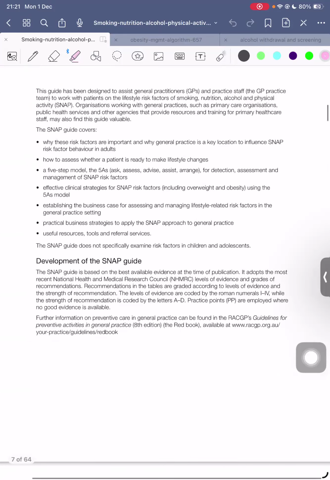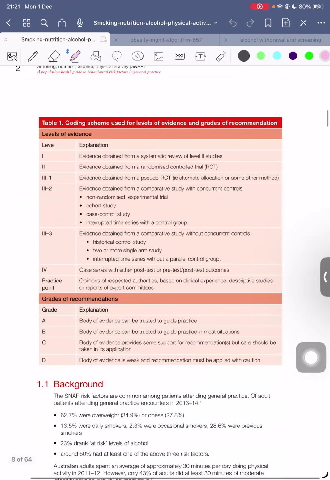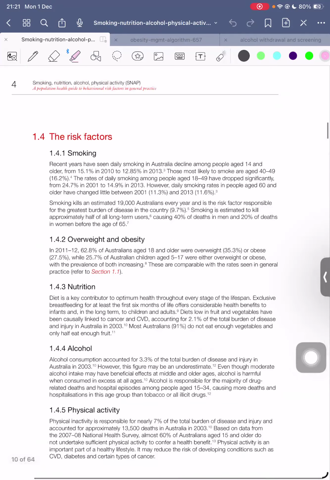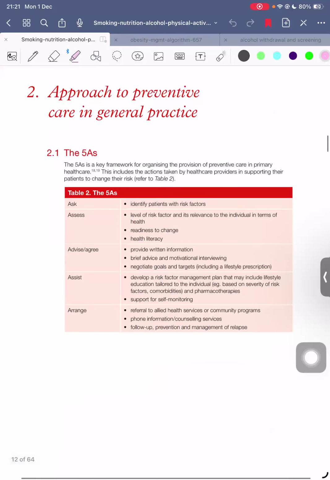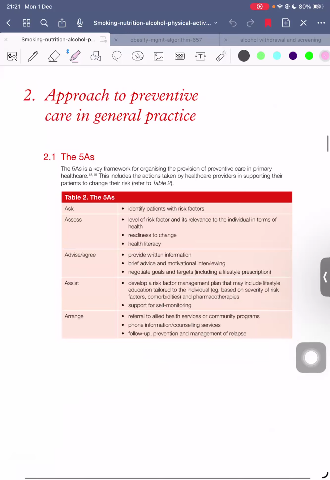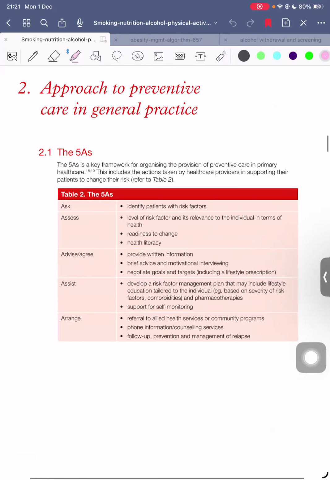Okay, this is a huge book, but you don't have to remember everything. So how do we approach smoking, nutrition, alcohol, and physical activity? These are the prevention methods.